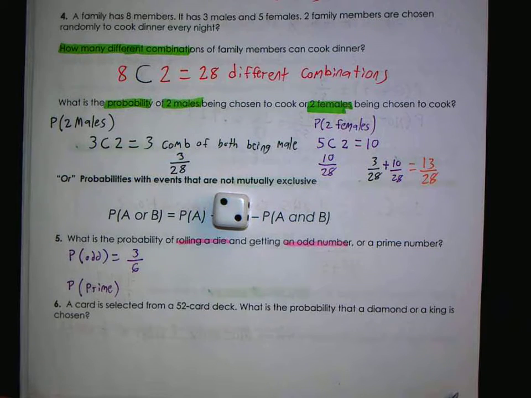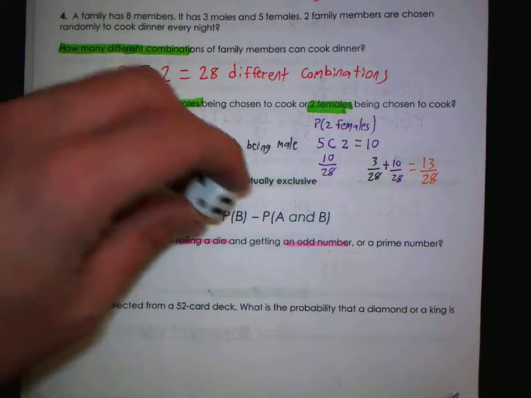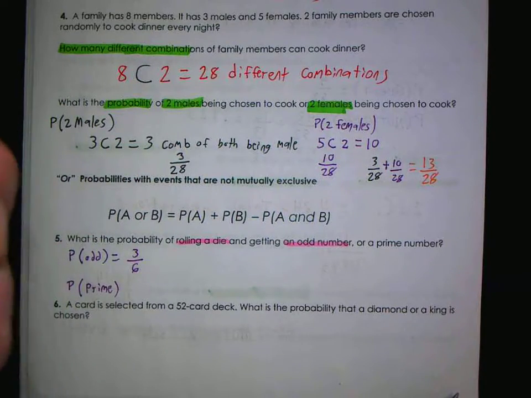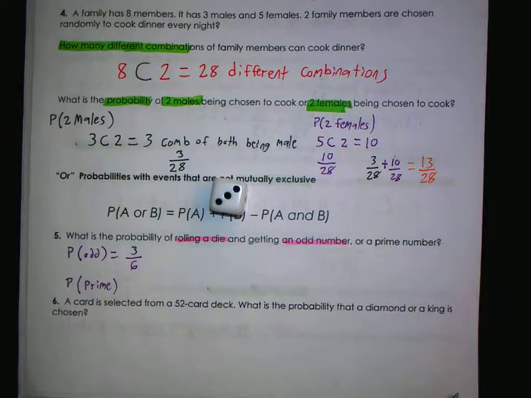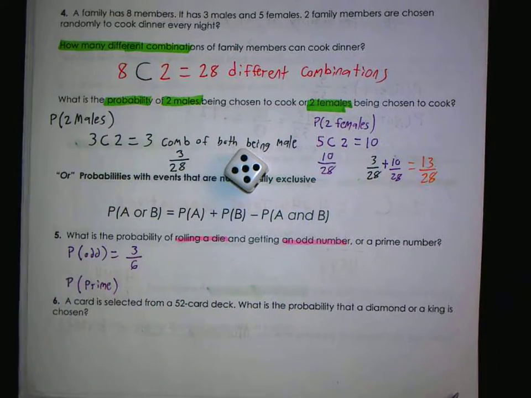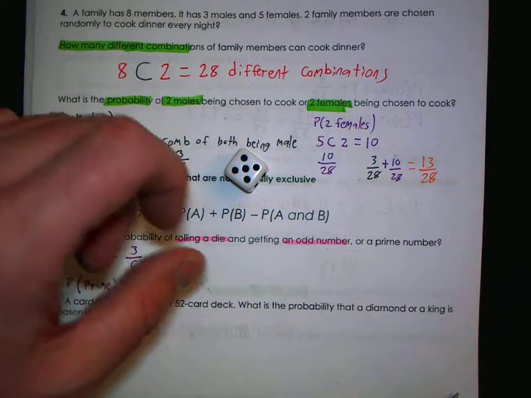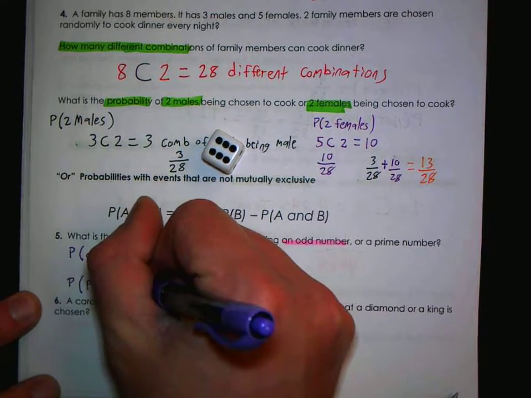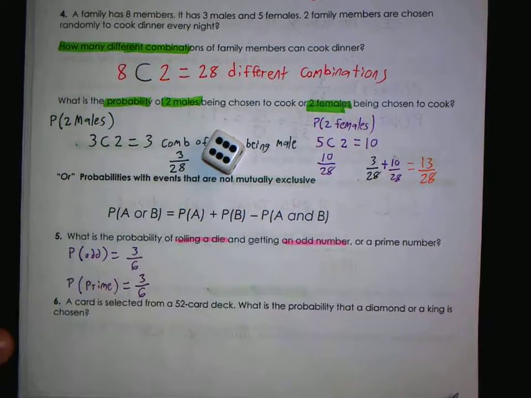Is 2 prime? Yep. So we got 1 number. Is 3 prime? Yep. So 2 and 3 are prime. Is 4 prime? No. Is 5 prime? Yep. So we have 5. And is 6 prime? No. So the probability of getting a prime is 3 out of 6.